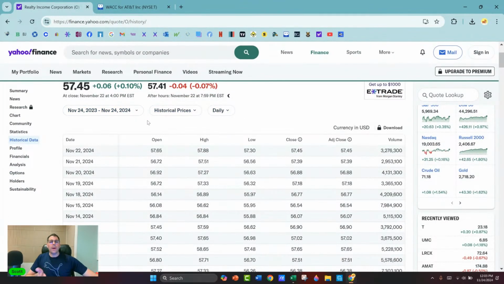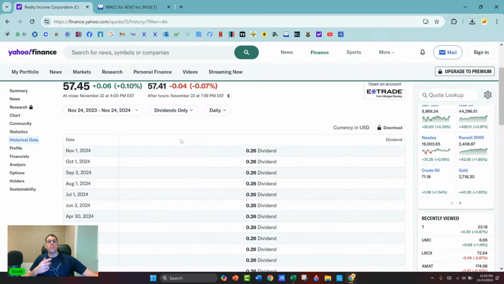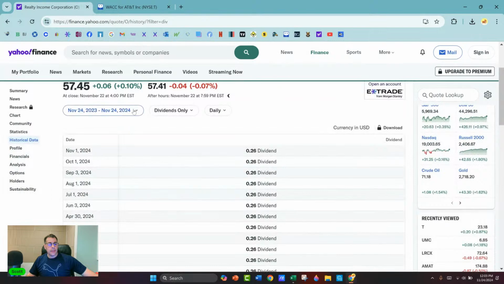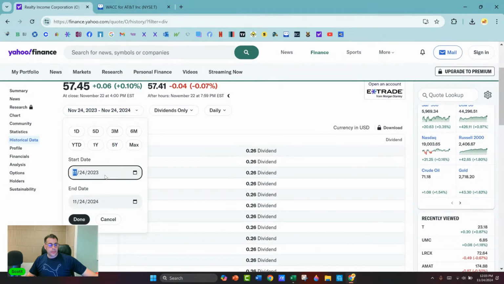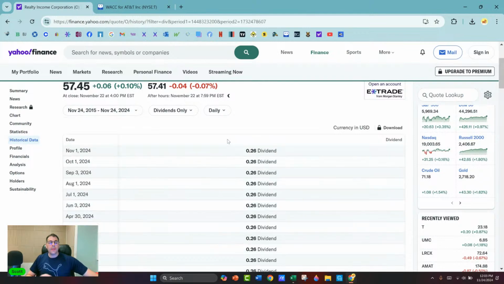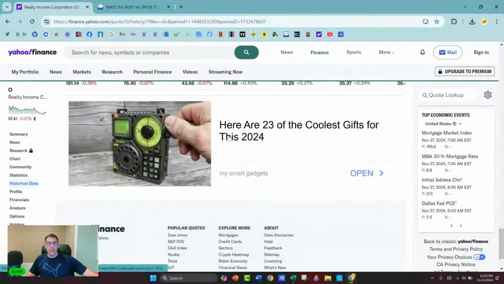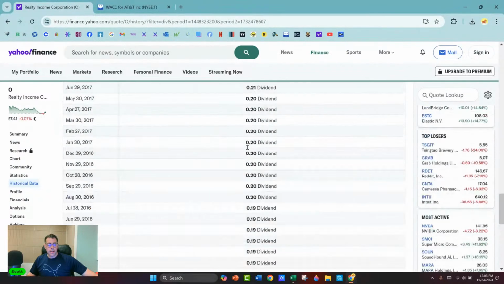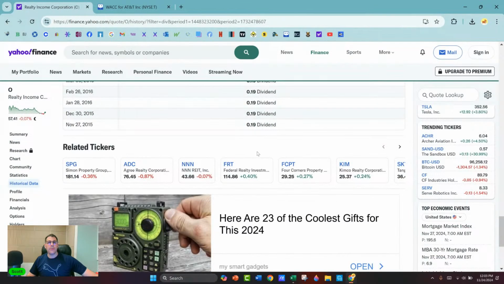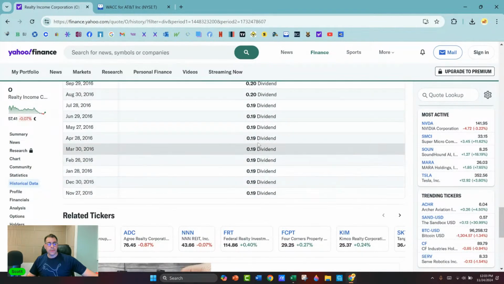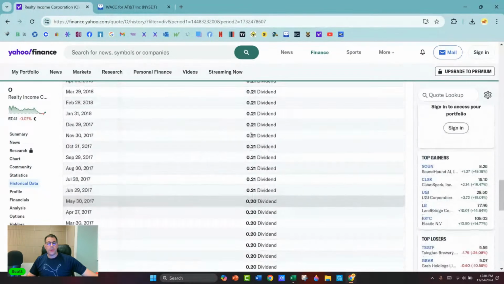another problem with these models is it's assuming they're going to pay the same dividend in the future. And if you look in the past, if you see the dividend is dramatically different, it's a problem. In this case, it's actually a perfect company to do this valuation on, because you can see they paid a 19-cent dividend for about a year, then a 20-cent, then 21.